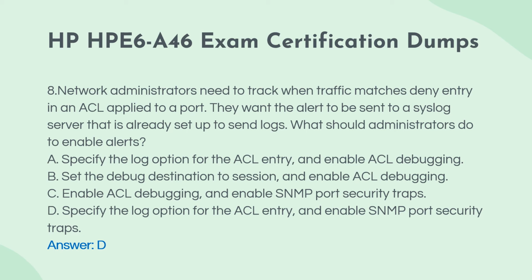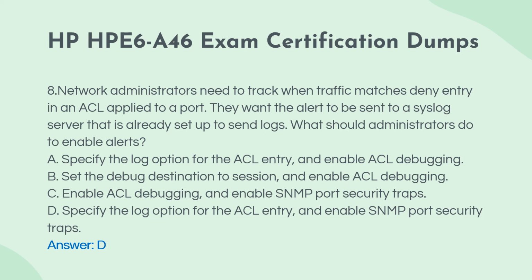They want the alert to be sent to a syslog server that is already set up to send logs. What should administrators do to enable alerts? A. Specify the log option for the ACL entry, and enable ACL debugging. B. Set the debug destination to session, and enable ACL debugging.